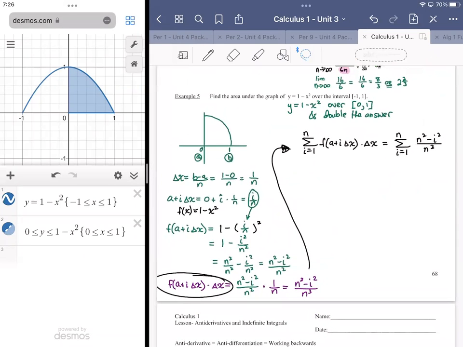All right, so if we can evaluate this expression and then apply the limit to it, then we'll be in good shape. So like I said before, the only thing that needs to stay within the summation is the I squared.